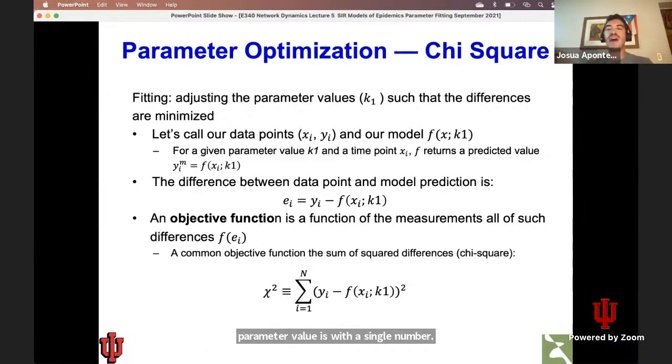So for different values of that parameter, you would expect chi-squared to give you a different number. So you can think of chi-squared as a function of the parameter values, right? And that's why it's called the objective function.